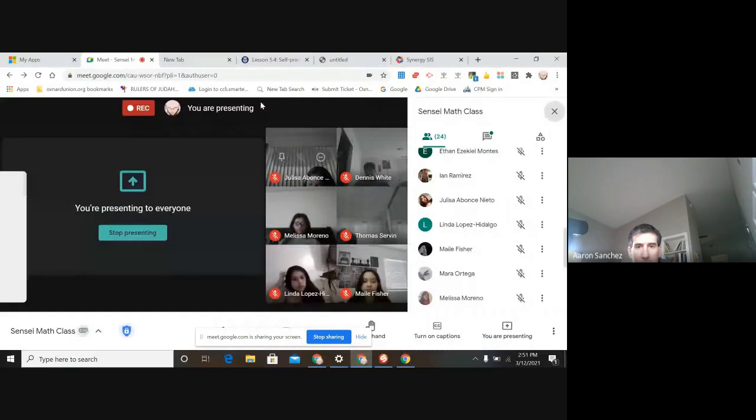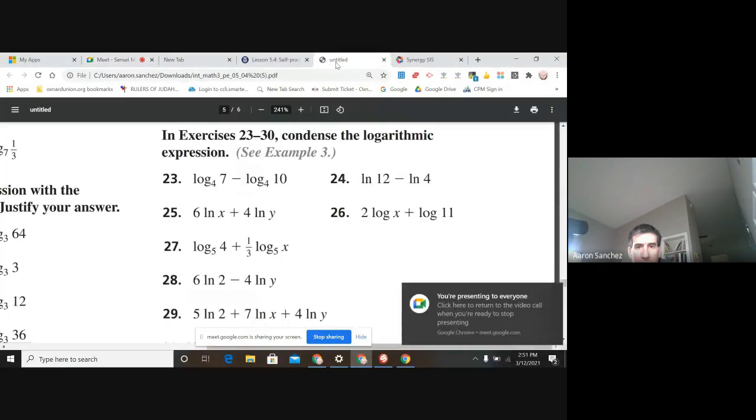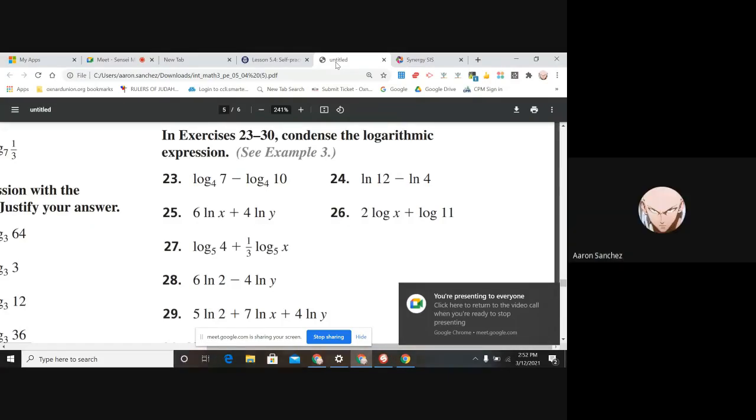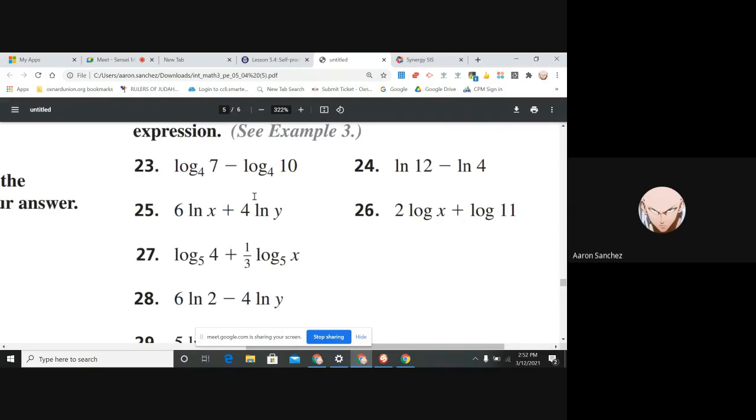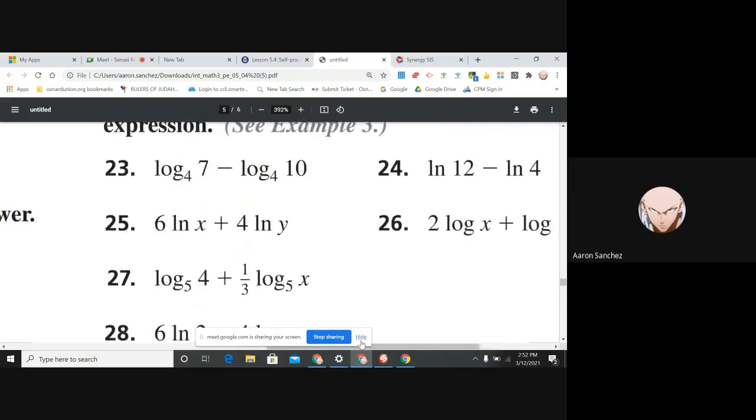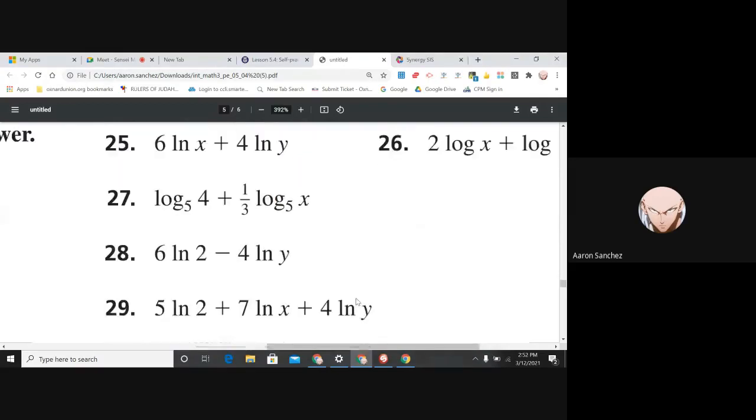Okay, let's go with 29. 5 natural log 2 plus 7 natural log x plus 4 natural log y. Natural log. Natural log is just a log with a base of what?